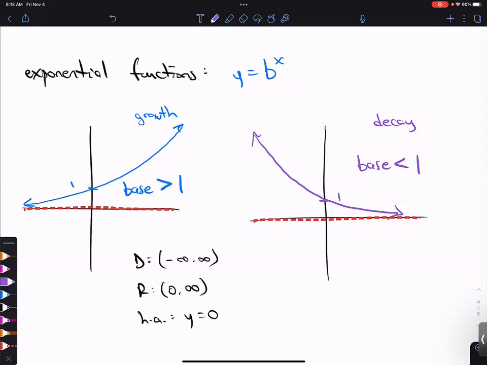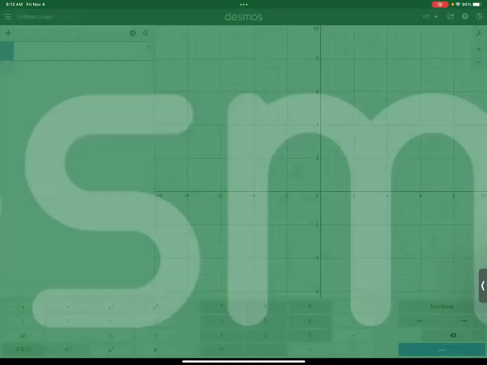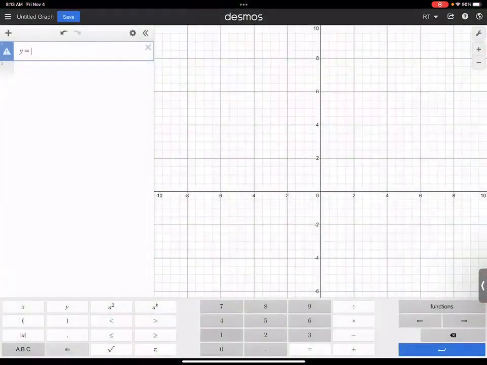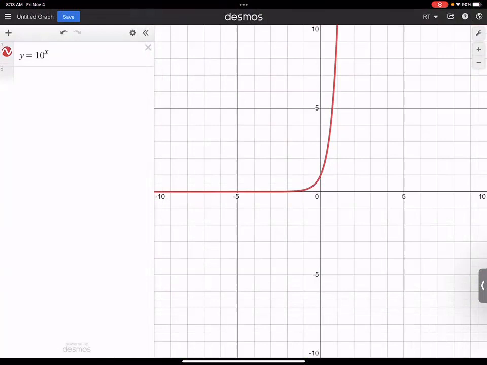The inverse is the opposite. So if a function takes x over here and turns it into y over here, the inverse swaps those, right? That means graphically it turns the whole thing sideways, basically. So if we look at that, y equals 10 to the x.